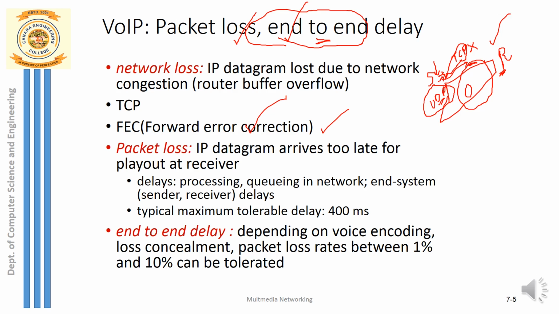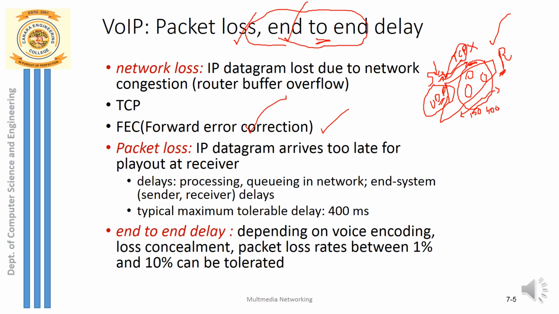End-to-end delay is something like this: we have several intermediate routers. Suppose the delay is less than 150 milliseconds. This is something the user can totally ignore. The receiver can totally ignore this type of delay. Slowly, what if my delay increases to 400 milliseconds?